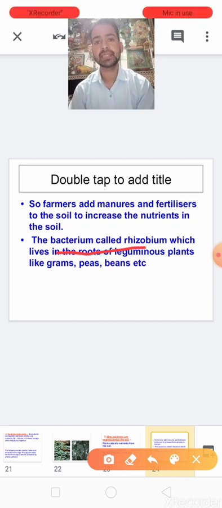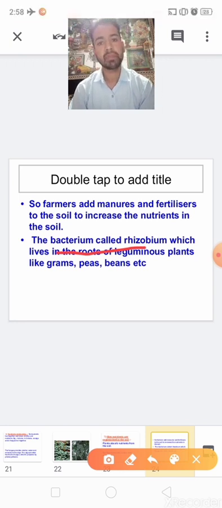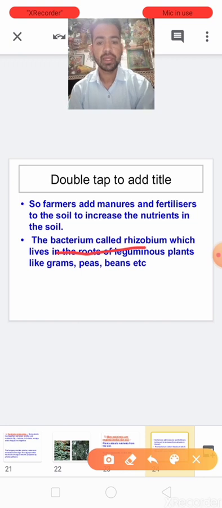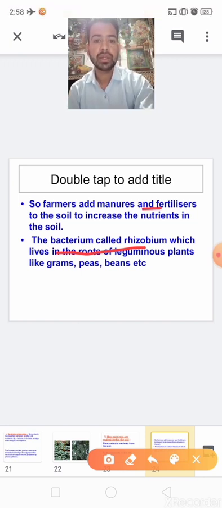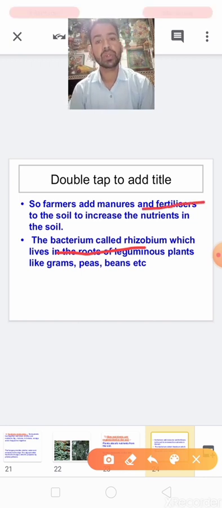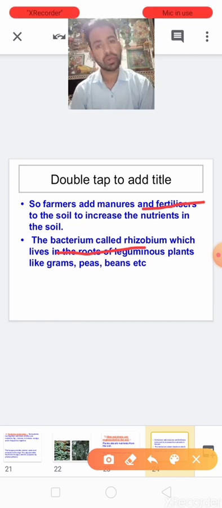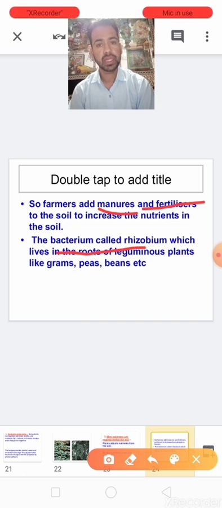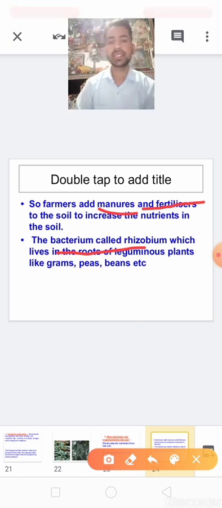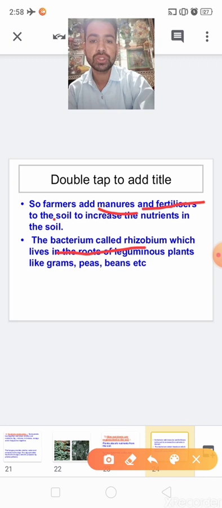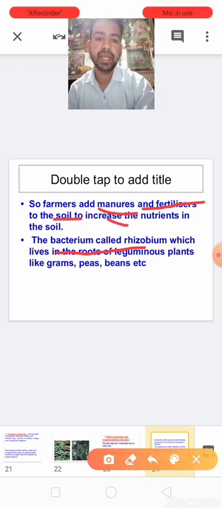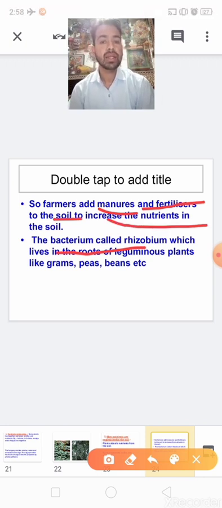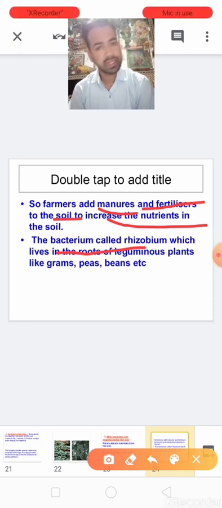Another method is man-made, in which the farmers use chemicals like fertilizers. The farmers use fertilizer to restore the nutrients in the soil. Clear? Some farmers also use manures. So manures and fertilizers are directly added to the soil, and in this way the nutrients in the soil will be increased.